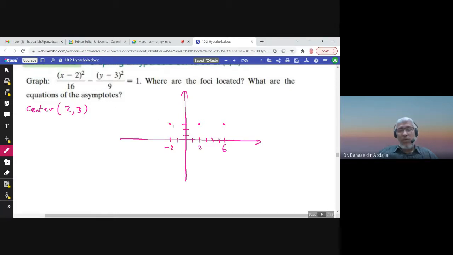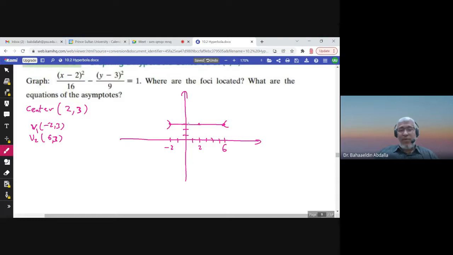Now this is below the x squared, so this line is the transverse axis, and these 2 points are the vertices. Vertex 1 has coordinates (negative 2, 3). Vertex 2 has coordinates (6, 3), if anybody asks about the vertices.